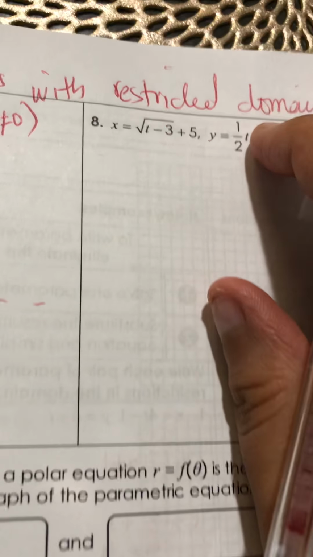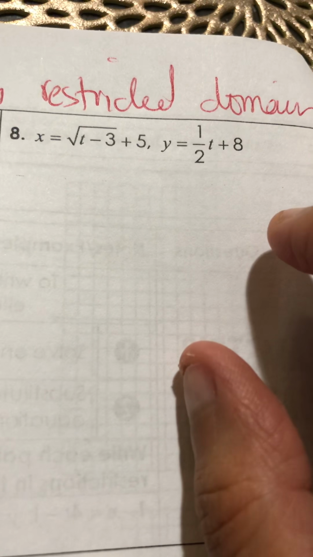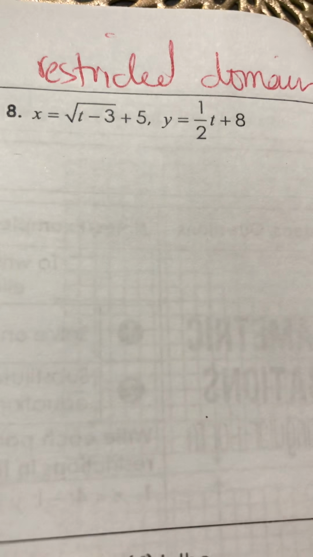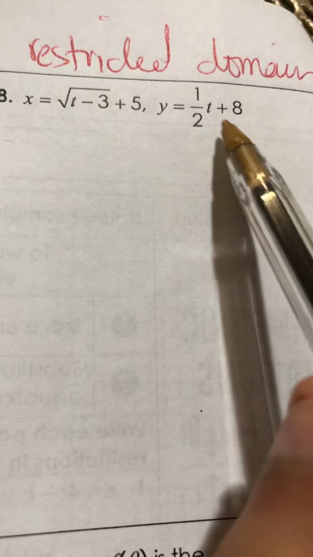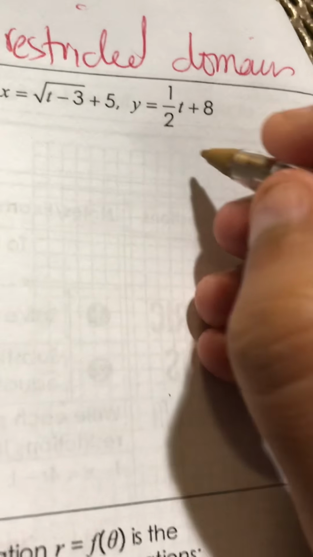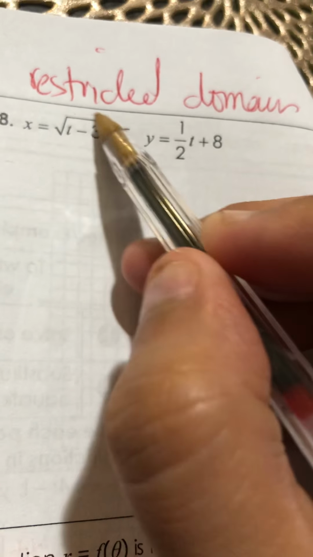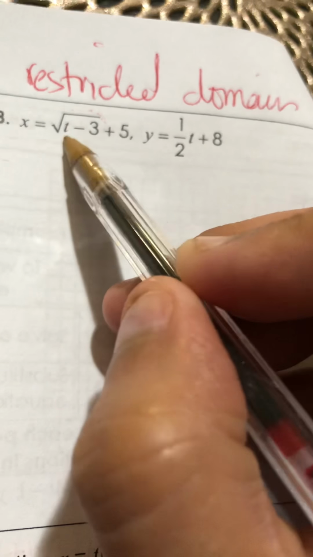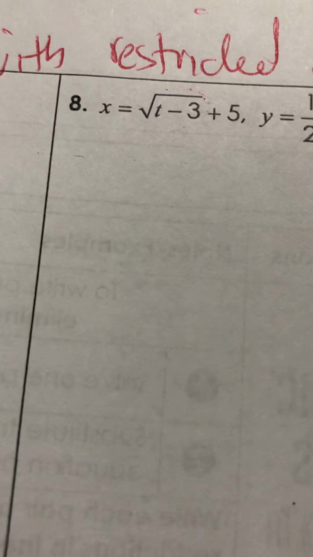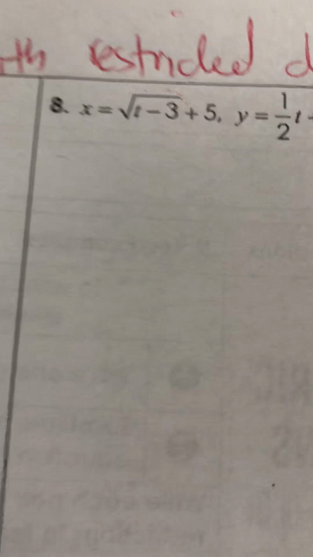The next one is this question, the square root form. Here also they did not give us any restriction for t, but we know that because it's the square root, the restricted domain is that this part cannot be negative, right?